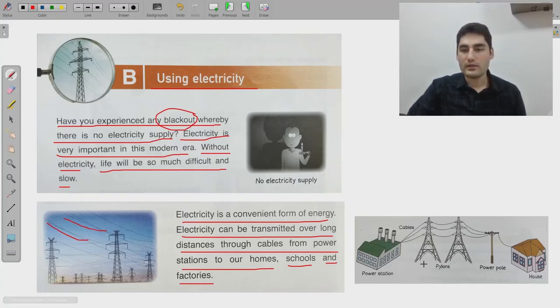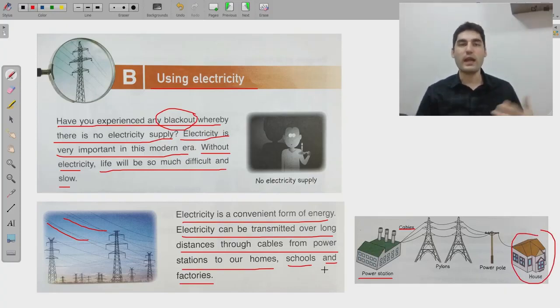And I have another picture over here. We have the power station. The electricity comes from the power station to cables. Through cables, it goes to the power pole and to our house or schools or factories or any kind of buildings. Okay? So this is easy, guys. I hope you understand. Let's look at the next page.